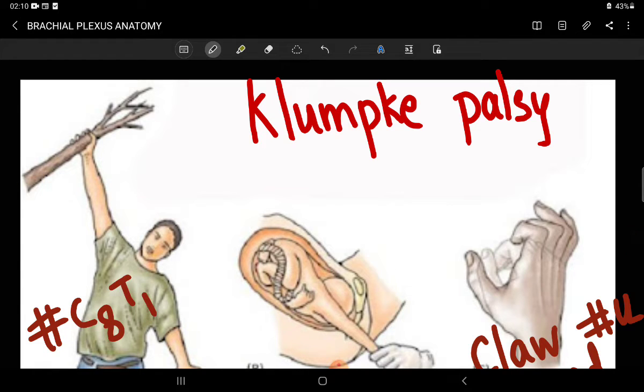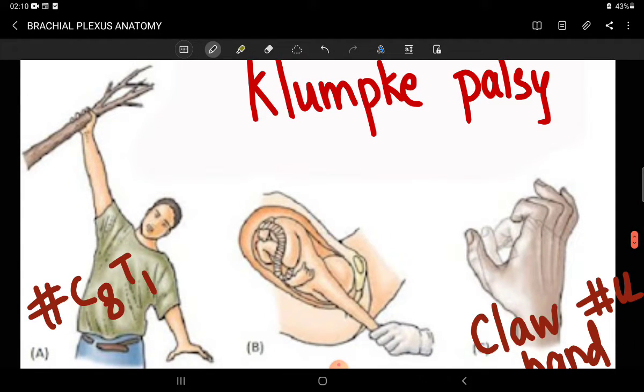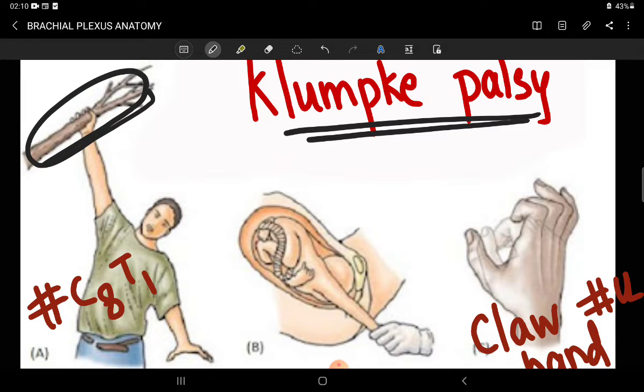So as you can see in this video, Klumpke's palsy is due to an injury which occurs when someone is falling from a very great height and he gets hold of a tree or something like this. He injures his lower brachial plexus. In case of Erb's palsy, it was upper brachial plexus. Here it is lower brachial plexus.